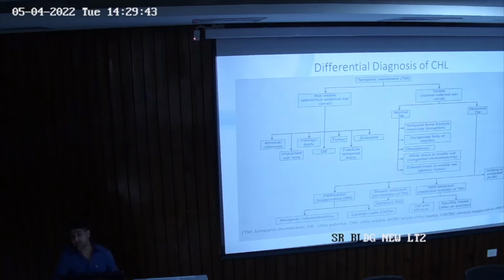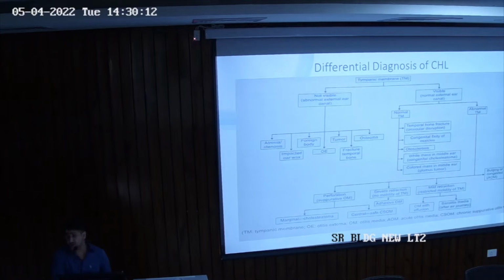A bulging tympanic membrane we generally see in toddlers or children around the age of 10-12 years, or it can also be seen in adults, but generally seen in the pediatric age group. This is considered acute otitis media. It is a separate chapter altogether. Then we can see perforation. It is known as chronic otitis media.